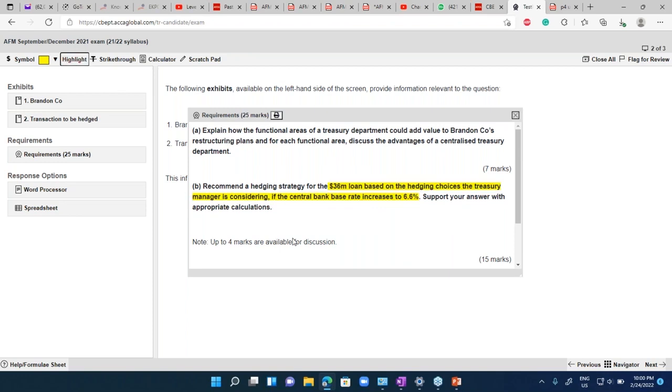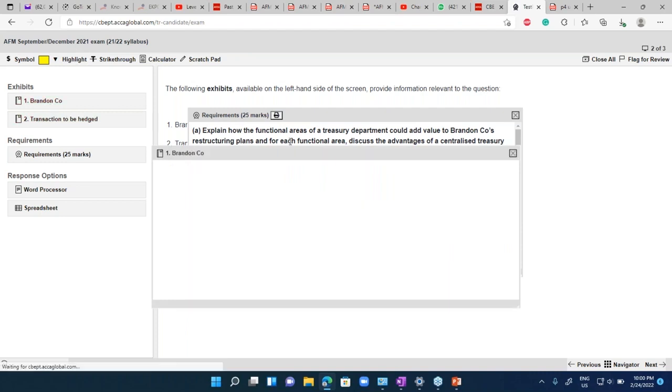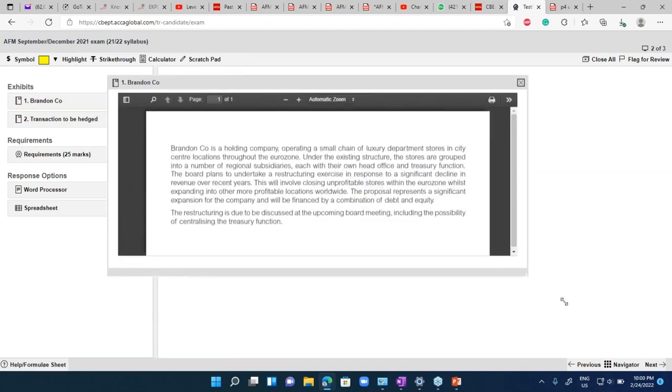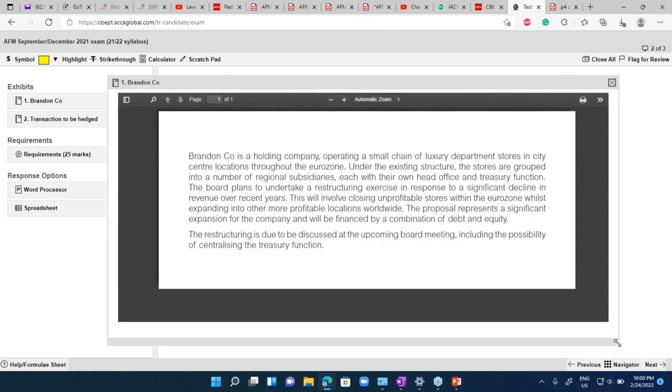Support your answer with the appropriate calculation. So guys, let's solve this part. Before solving this, let's read the scenario quickly. Believe me, after solving this question, you will never face problem in the interest rate future and option.